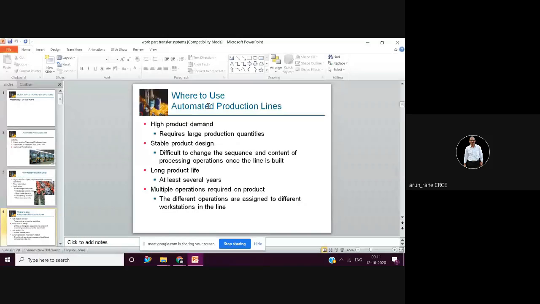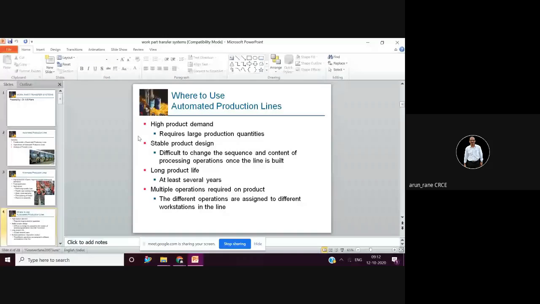Nowadays we talk about flexible manufacturing systems, agile manufacturing, and reconfigurable manufacturing systems, where you design production lines to be flexible enough to take care of other models.